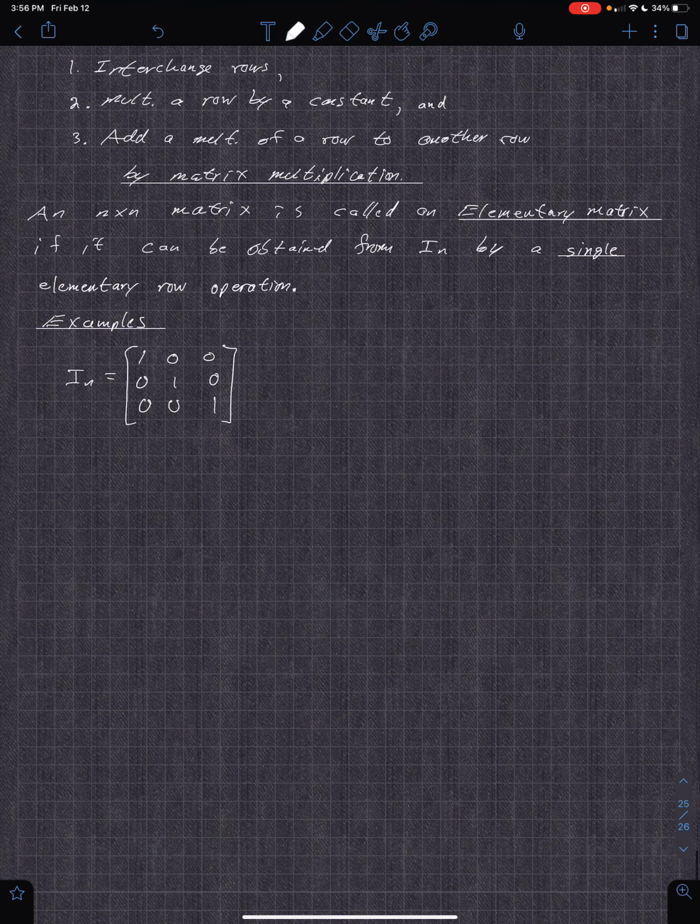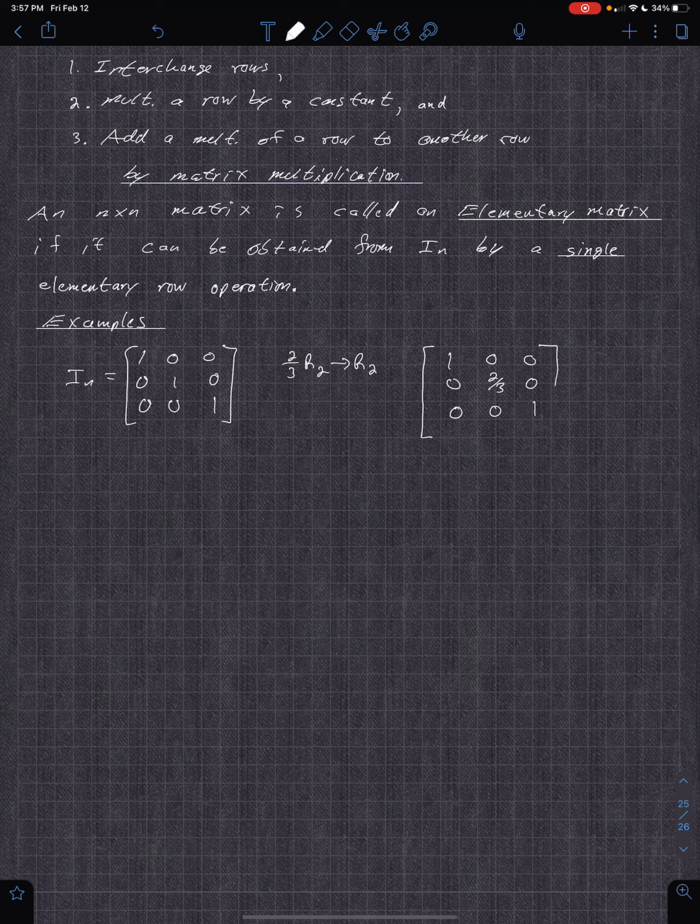So if I just multiplied row 2 by 2/3 and put it back in row 2 of the identity matrix, then I'd end up with 1, 0, 0, 0, 2/3, 0, and 0, 0, 1.